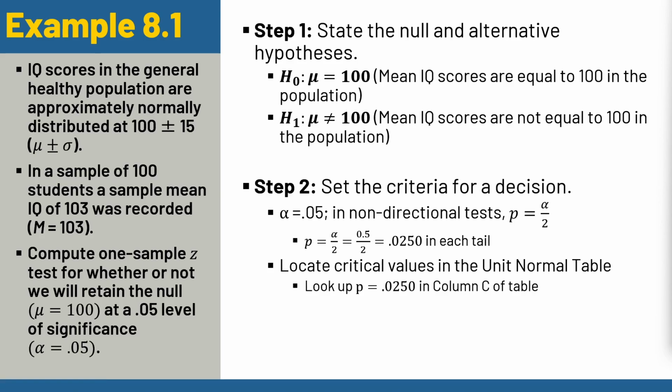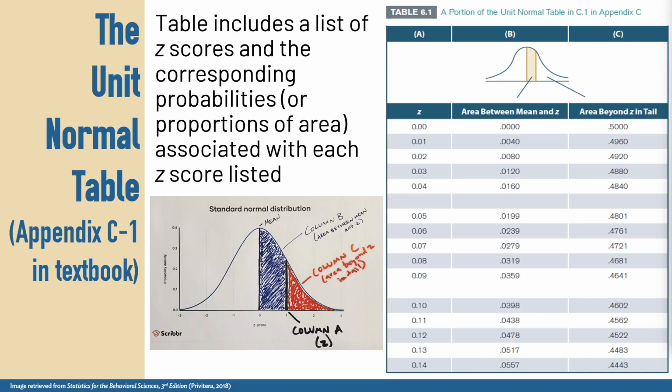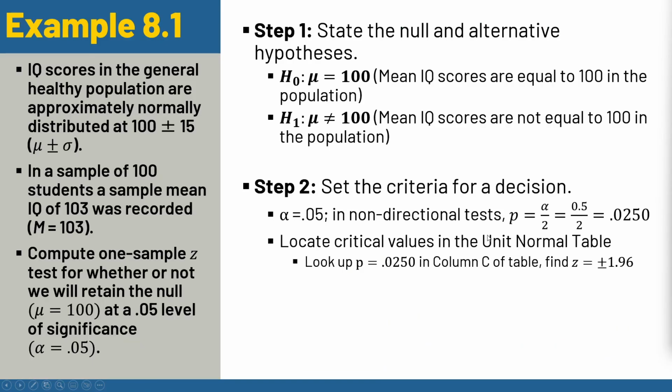All right, and so then we'll look these up in our unit normal table. And once again, we're looking for column C, right? We're looking for 0.025 in column C, whatever this region will be. And you'll find plus or minus 1.96, as I just showed on the earlier slide with the table. And so that is our critical value of z, plus or minus 1.96.